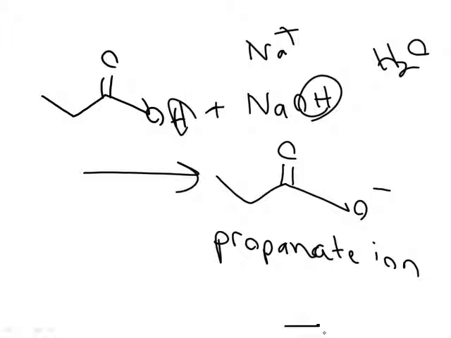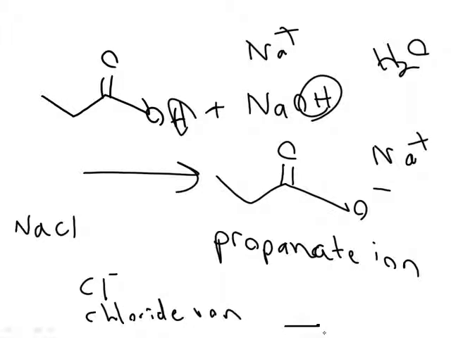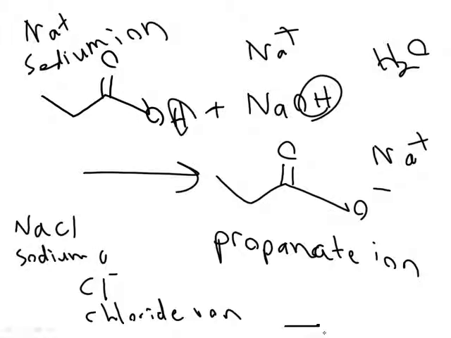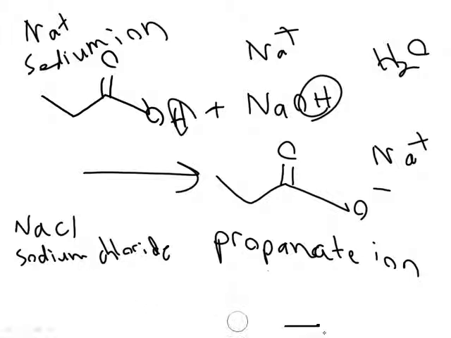And what happens is the sodium, being positively charged, wants to hang around the negative charge. Just like when we talked about ionic compounds before, this is the chloride ion. This is the sodium ion. Together, they are sodium chloride. So when we name the whole compound, we drop the word ion and we just put them together, cation, then anion.